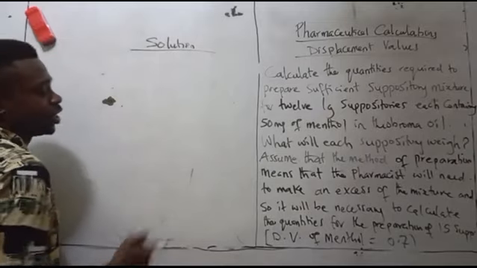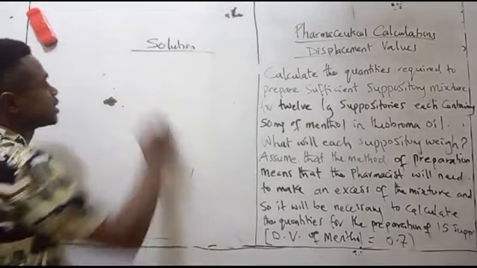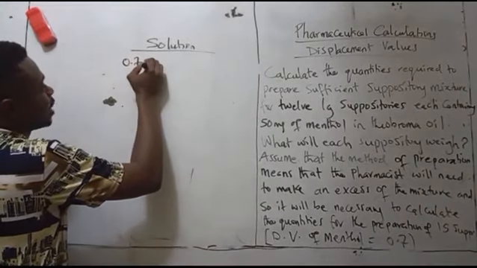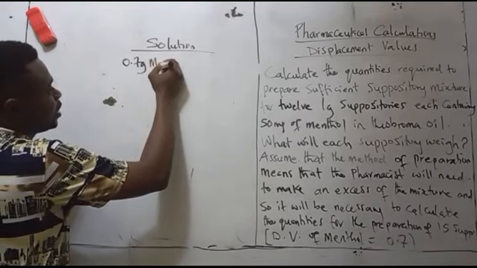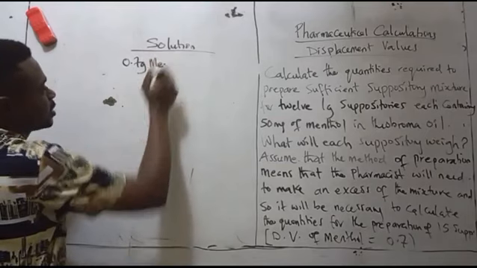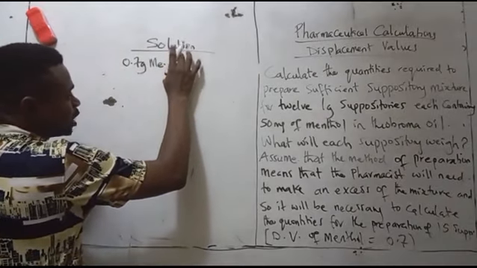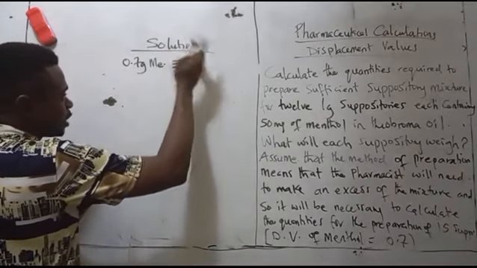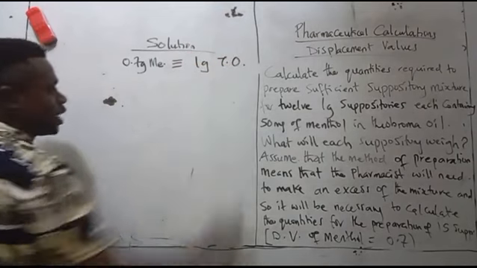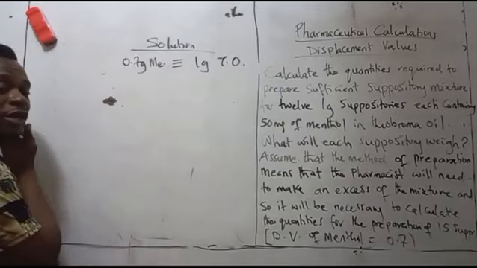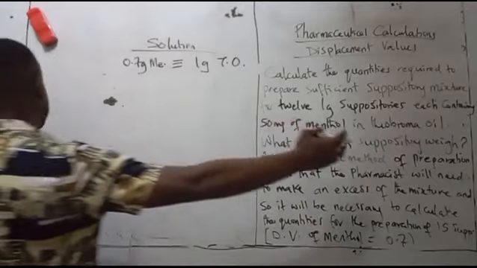A DV of menthol being 0.7 means that 0.7 gram of menthol displaces 1 gram of theobroma oil. I'm using ME for menthol and TO for theobroma oil. These are not standard; I'm just using them for want of space, so I don't move out of the video frame.